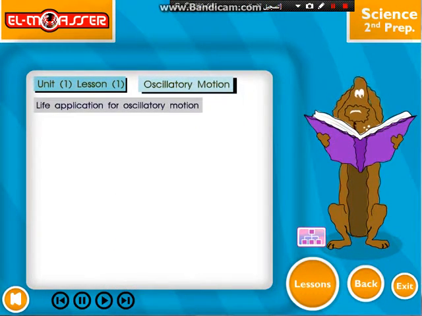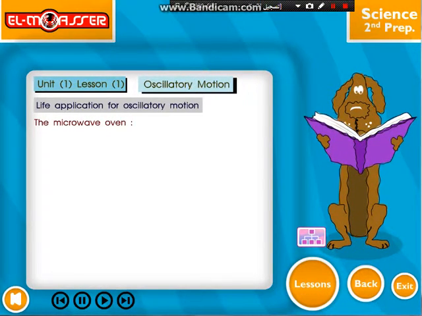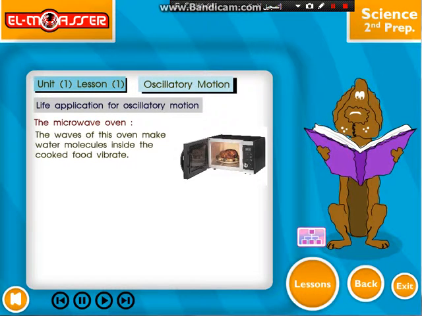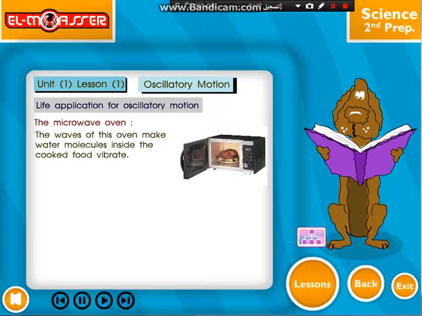Live applications for oscillatory motion. The microwave oven. The waves of this oven make water molecules inside the cooked food vibrate.